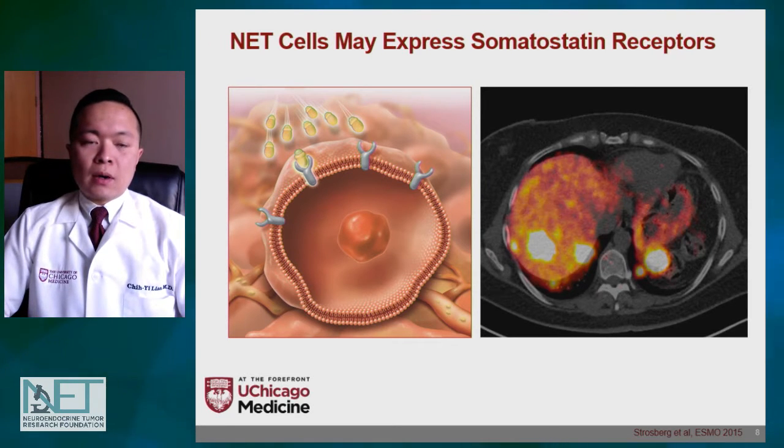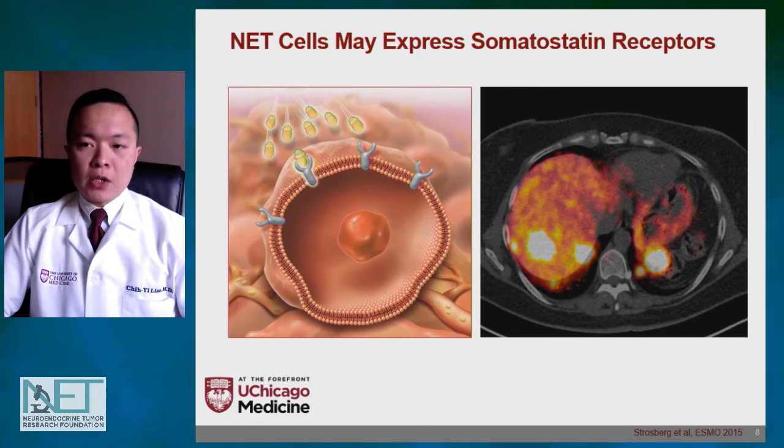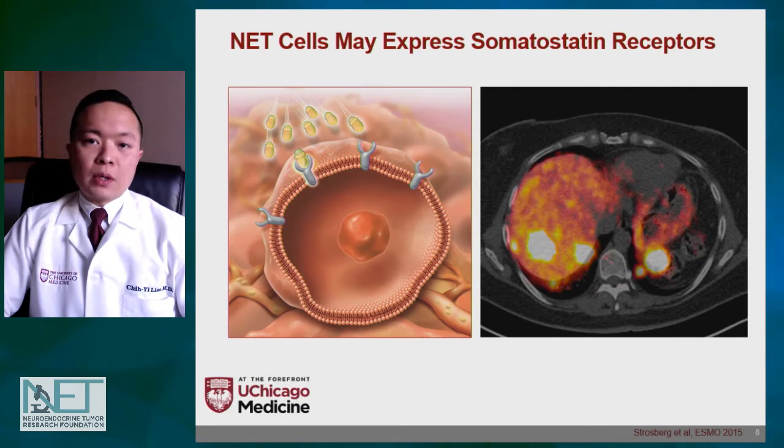These are where the somatostatin hormones, but also some of our drugs, can bind, as we'll talk about later in the treatment section. The other thing to note is that we can determine whether the tumors express somatostatin receptors with imaging, with a gallium dotatate PET scan, for instance, as shown on the right. This may have important treatment implications, as we'll get to later.